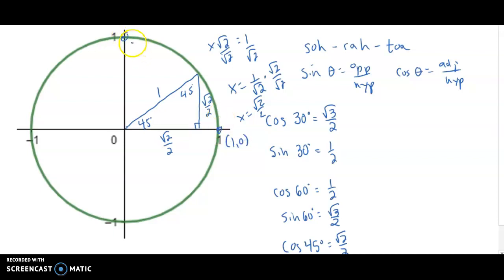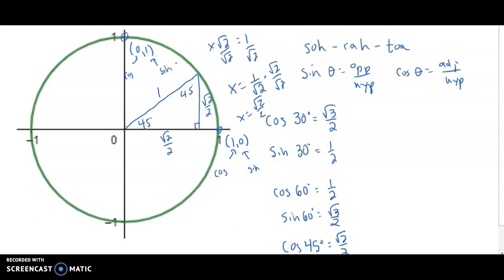This ordered pair here is 0, 1. Kind of the same thing, but flip-flopped a little bit. So what that tells me here, that 1 is the cosine. The 0 is the sine. And same thing here. Here I've got the cosine is 0, and the sine is 1.